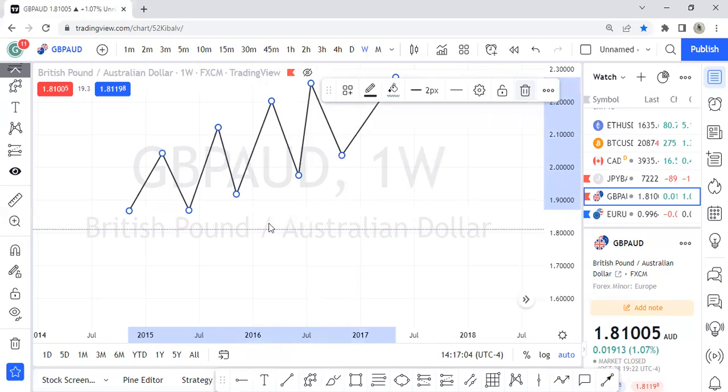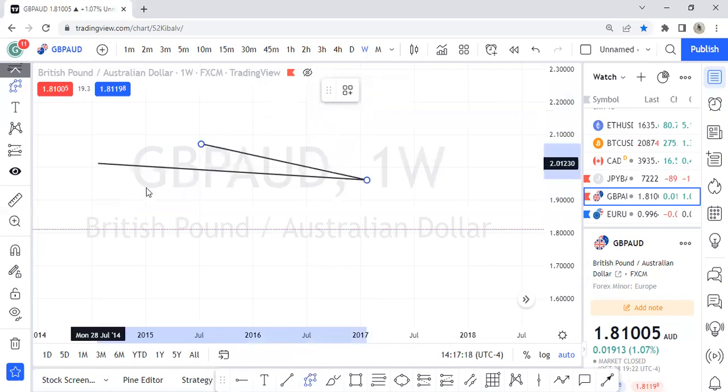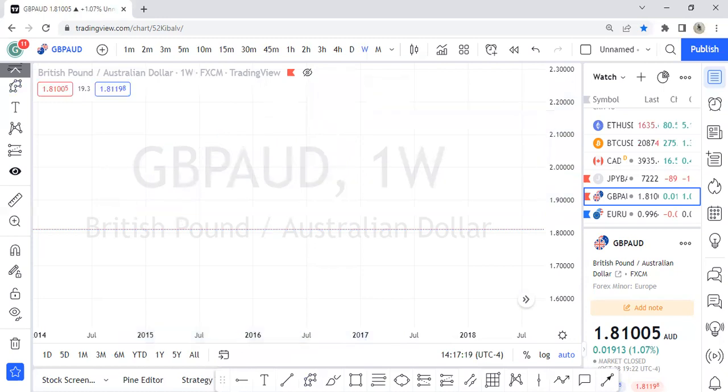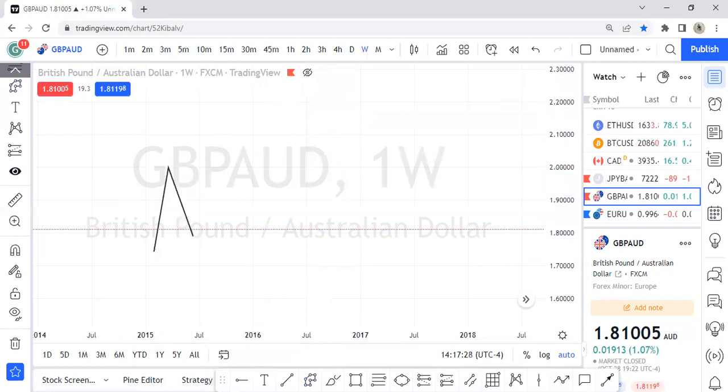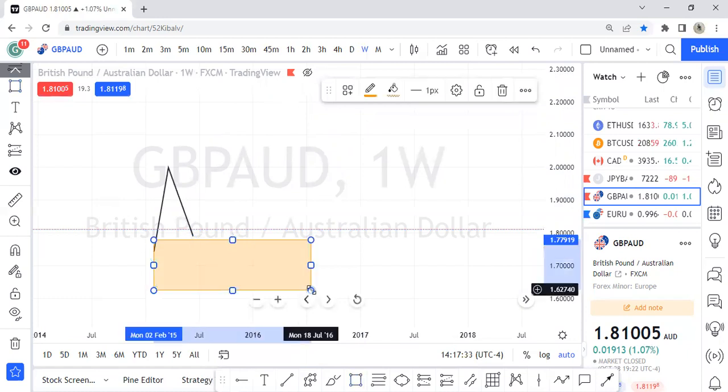We expect the market should look like this, then tap into that demand zone, we have that demand, then we create a new high.